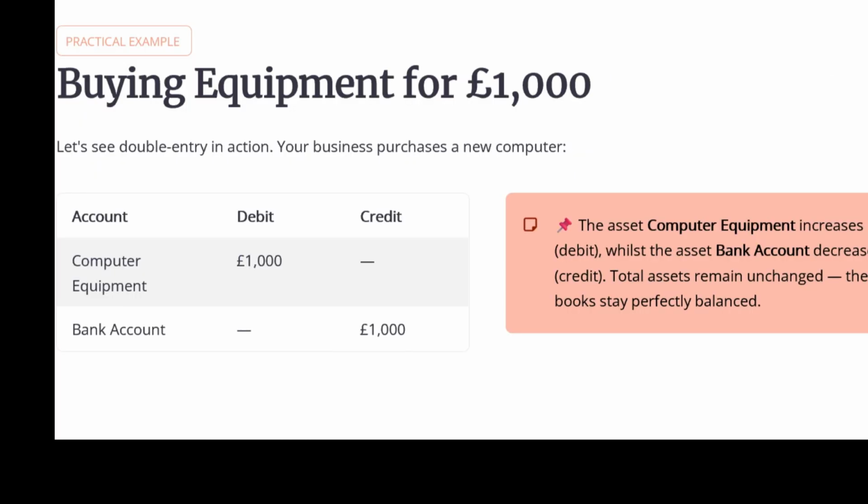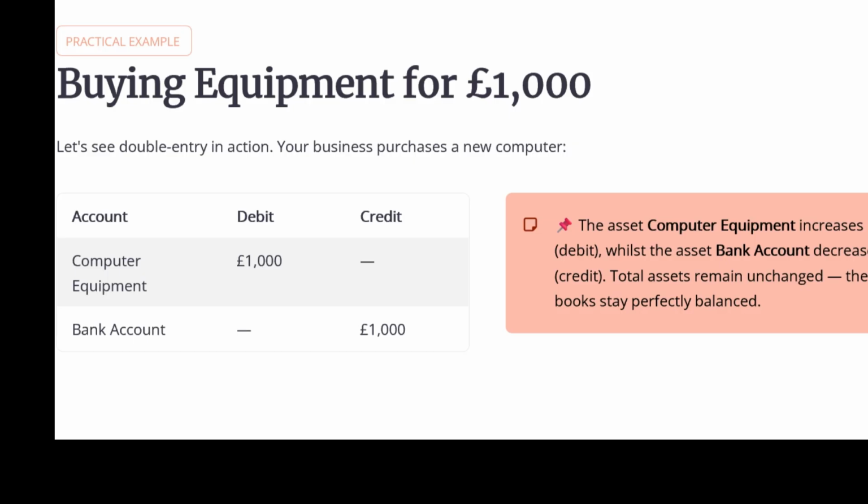Practical example: buying equipment for £1000. Let's bring this to life with a practical example. If a business buys equipment for £1000 using its bank account, two things happen.